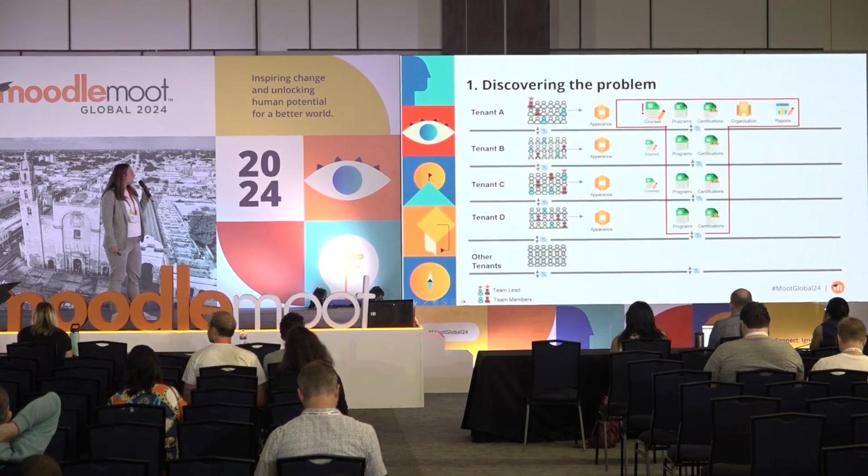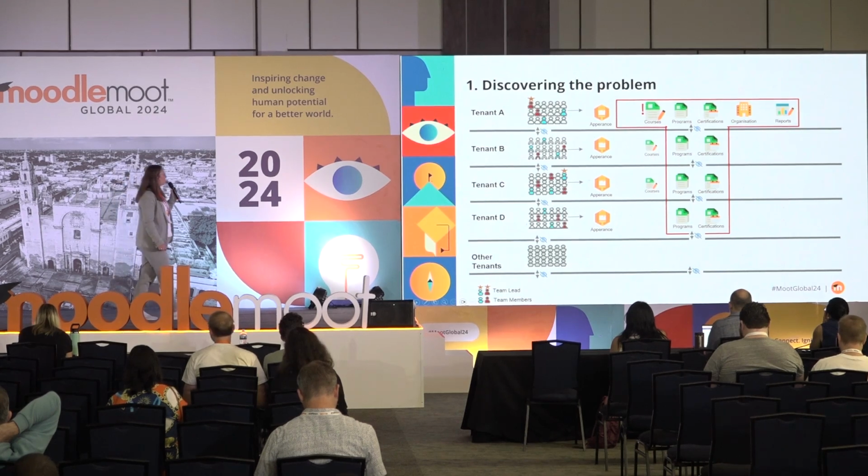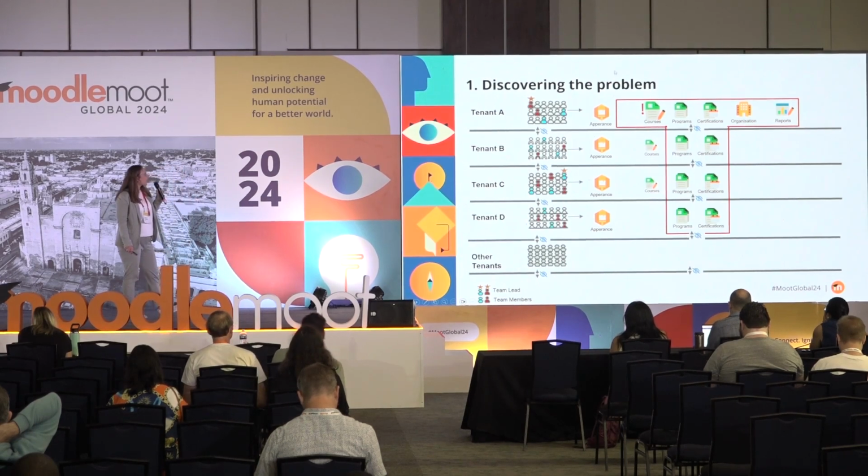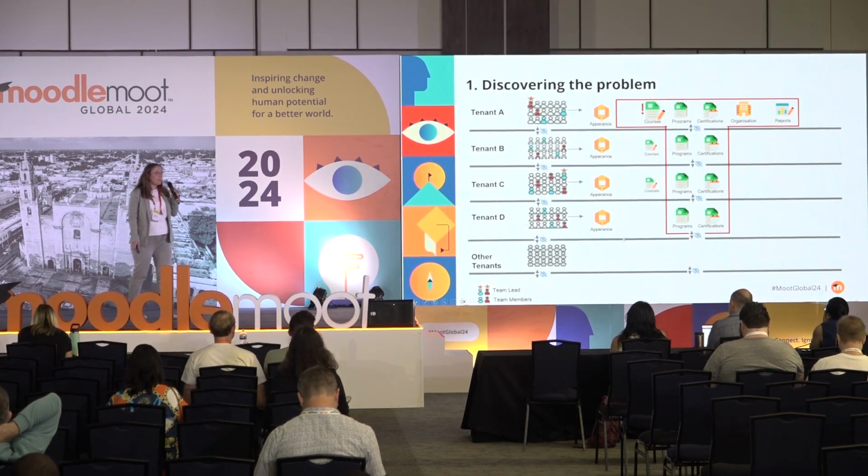If you look at tenants B, C, and D, we see some other little red guys as well. These team members also belong to Anton's team, but due to multi-tenancy, Anton is not able to see all these staff members.